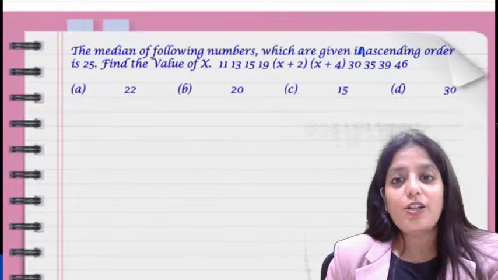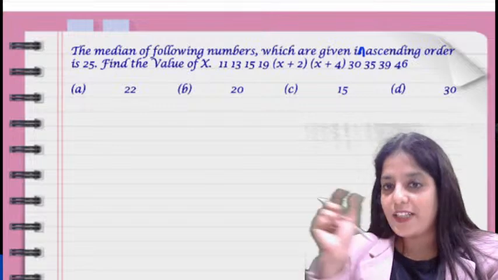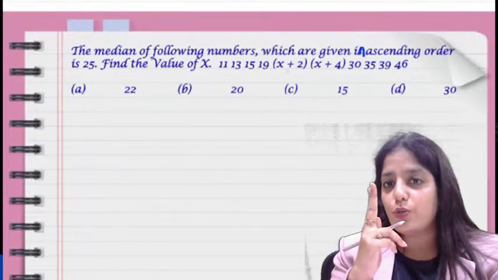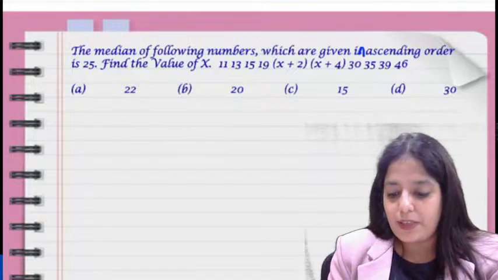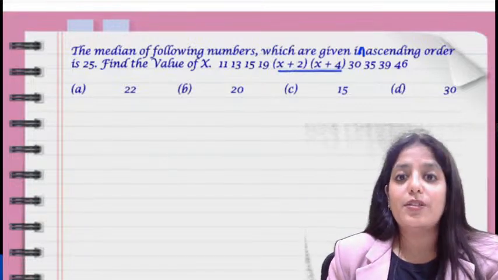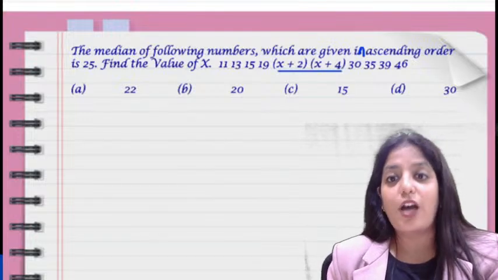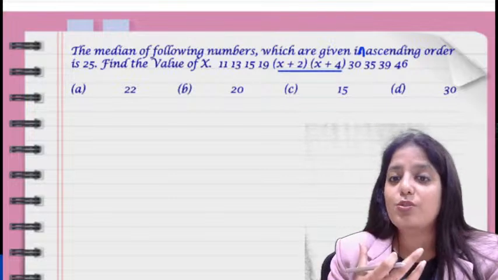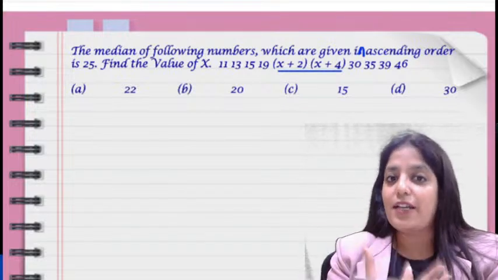Using the logical approach, we have 10 observations, which is even, so we'll have two numbers sitting at the middlemost position. How are we going to tackle these two numbers? We just need to find the average of these two numbers, which is equal to the median, that is 25.